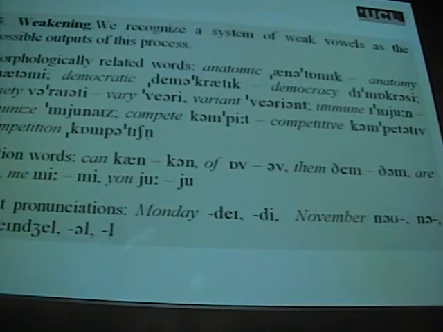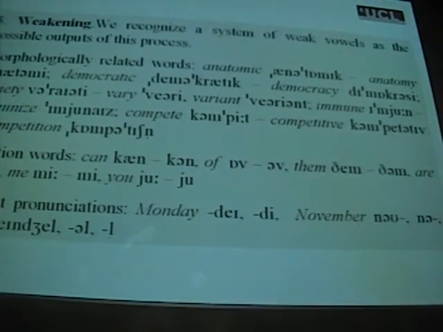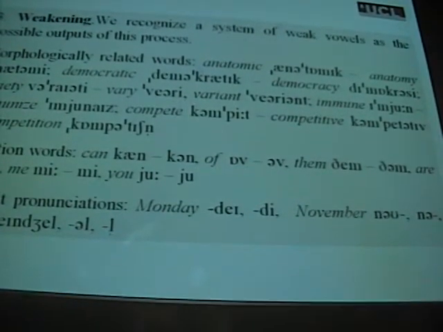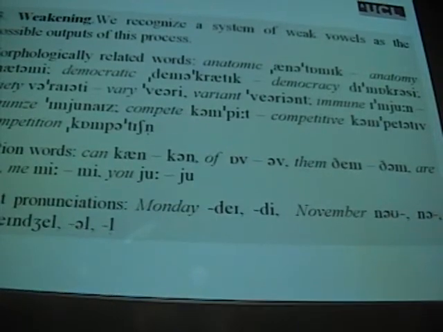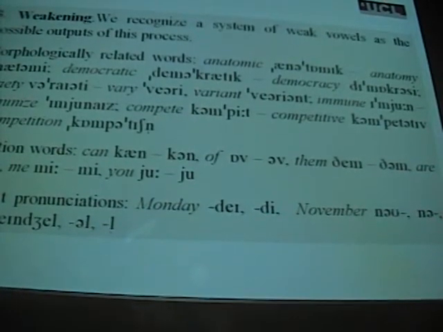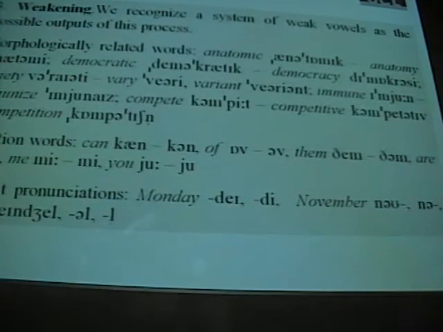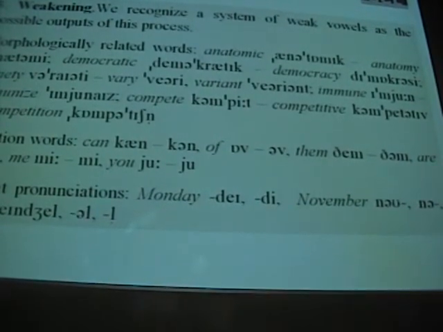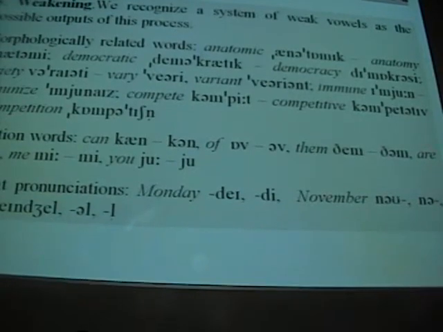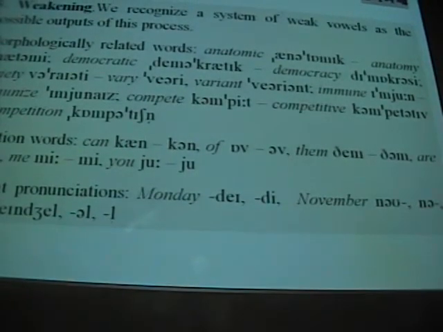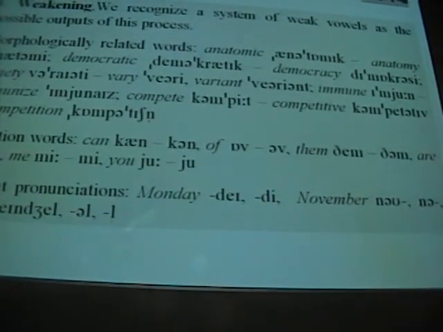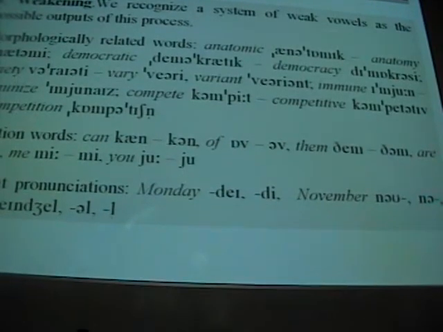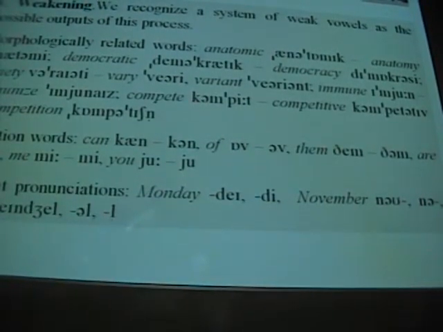And I may say in some varieties of English, the thank you vowel goes to schwa and becomes, people say thank you, something like that, and say immunize. Compete gives competitive and competition, where we see that between the P and the T we have E in compete, E in competitive, and in competition.